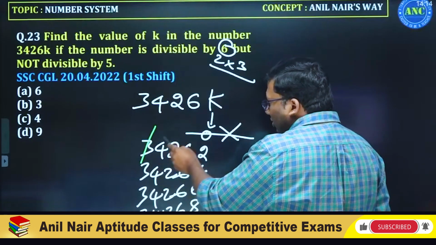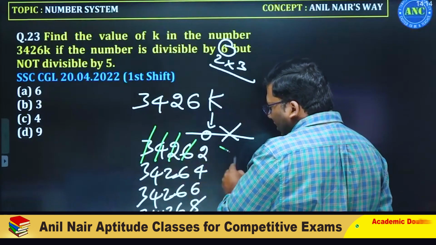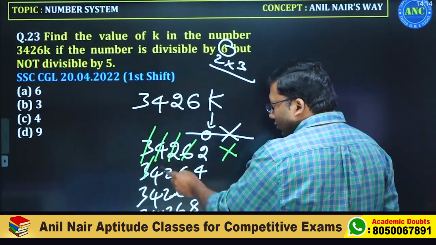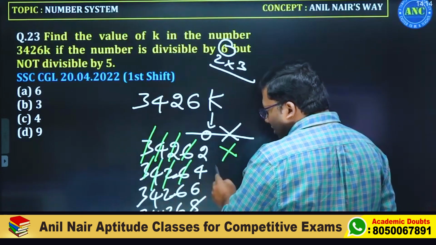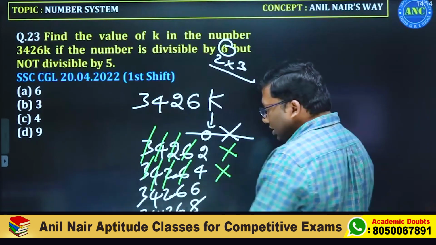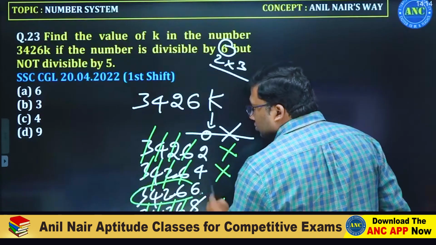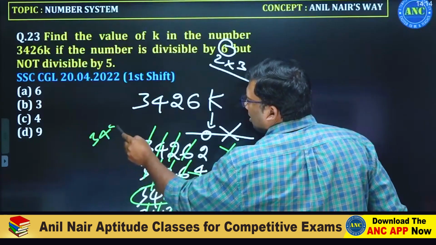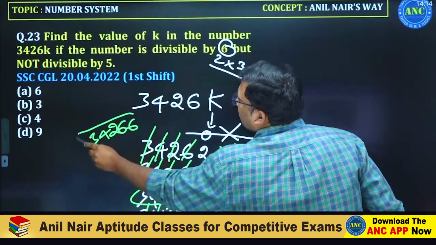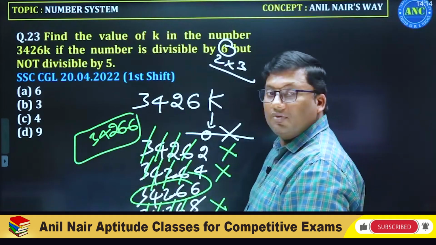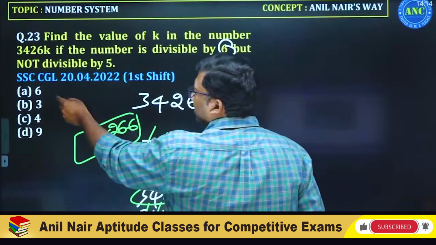If you observe 3, 4 plus 2, 6, 6. It is not divisible by 3. So the answer for this question is 34266. What will be the k value? K value will be 6.